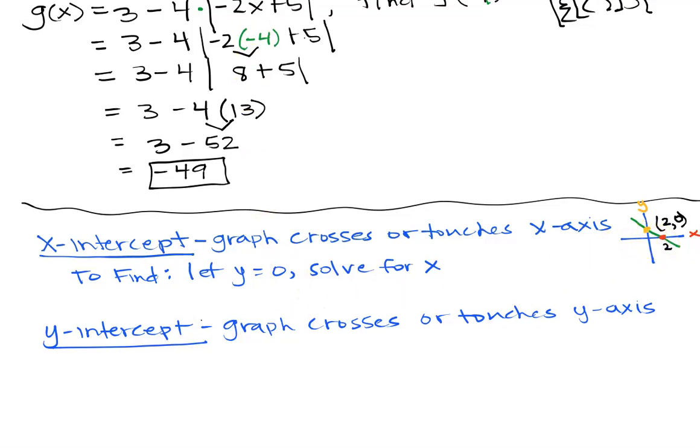And so to find these y-intercepts, you want this time to let x equal 0 and then solve for y. Because again, think about this point right here, this y-intercept here.